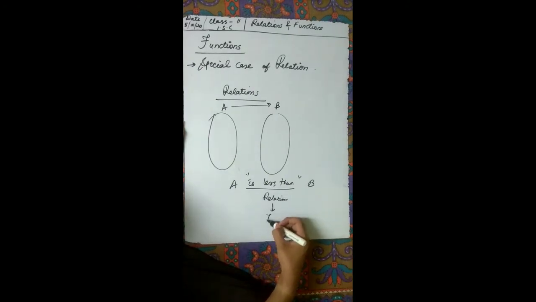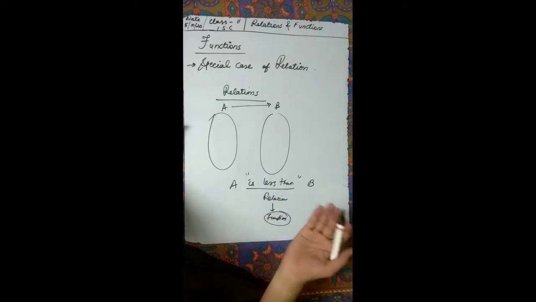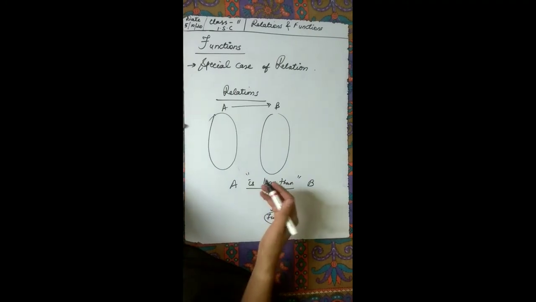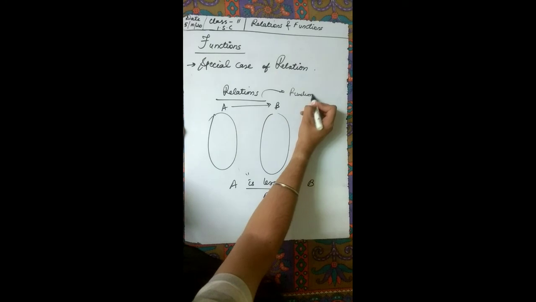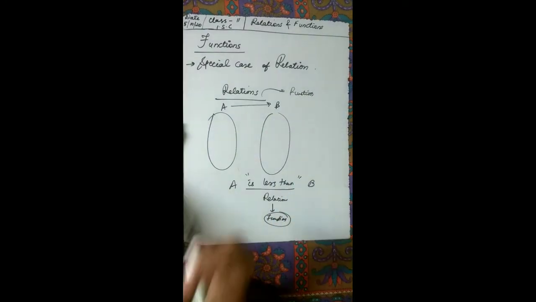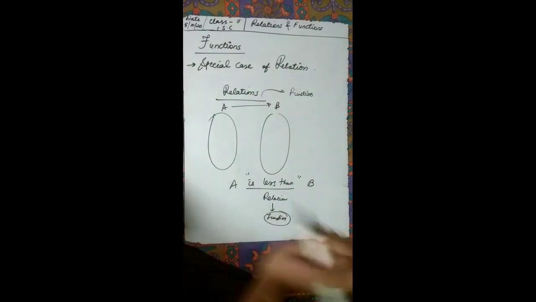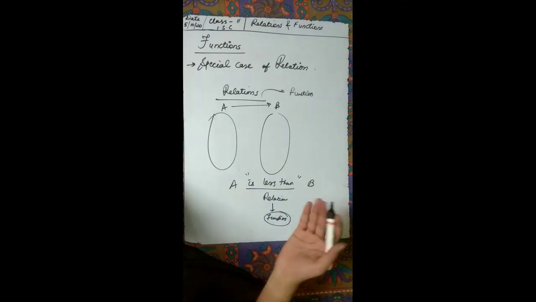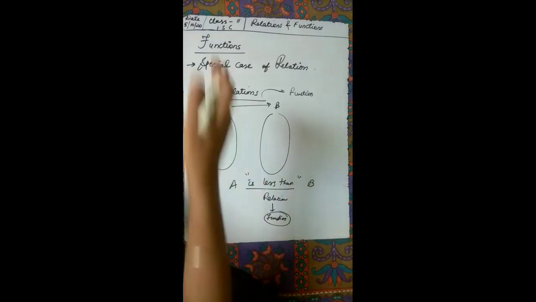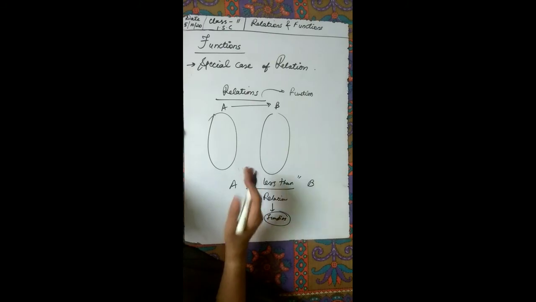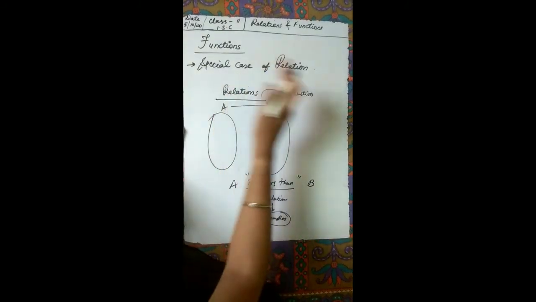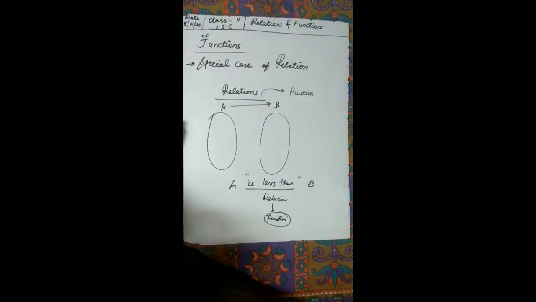Now how does it convert into functions? Let me just clear those 2 or 3 conditions, that how a relation converts into a function. You need to clear that point first, then we will come to the definition, and then we will go deeper into it. Those 2 or 3 conditions, or rules, are necessary for a relation to convert into a function.